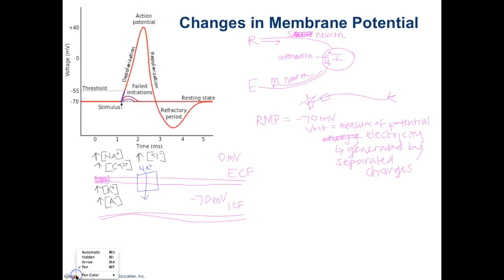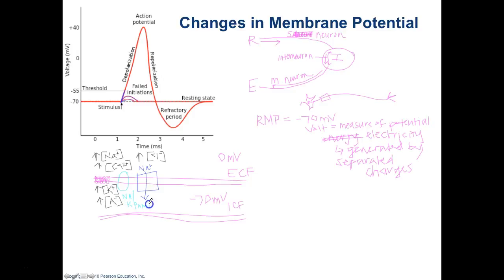But real quick, let's talk about what's going on before that, because I forgot to mention this. Before that, we have this sodium potassium pump. Do you guys remember this guy?